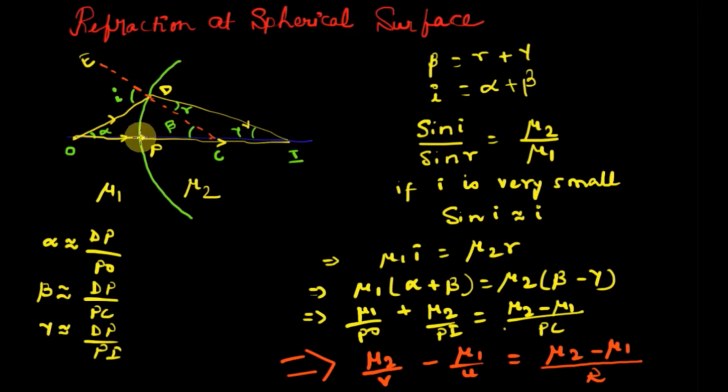So in a way, the angle of incidence, alpha, R, and gamma, all these angles are very small, and for a very small angle, sin I can be just written as I. If we do that, this equation will become mu1 I is equal to mu2 R. And if we replace the values of I and R from the above two equations, we'll have mu1 into alpha plus beta is equal to mu2 into beta minus gamma.